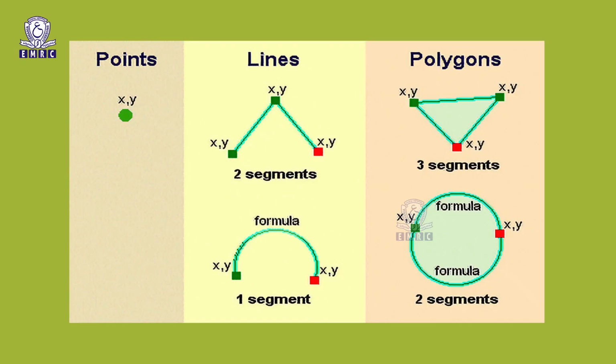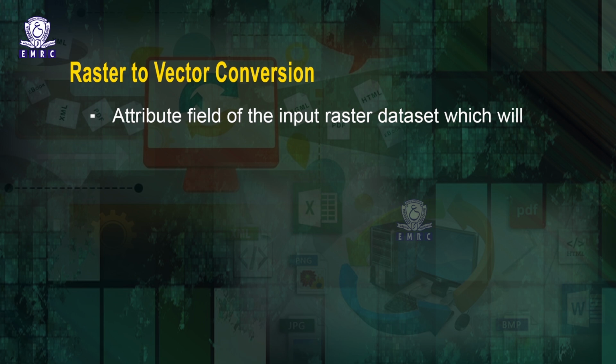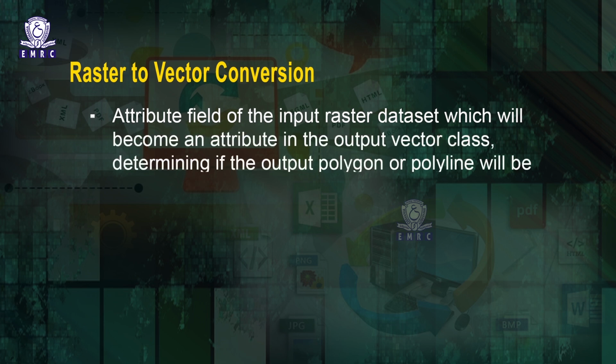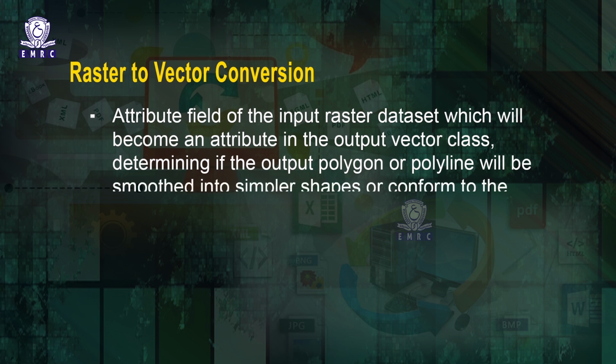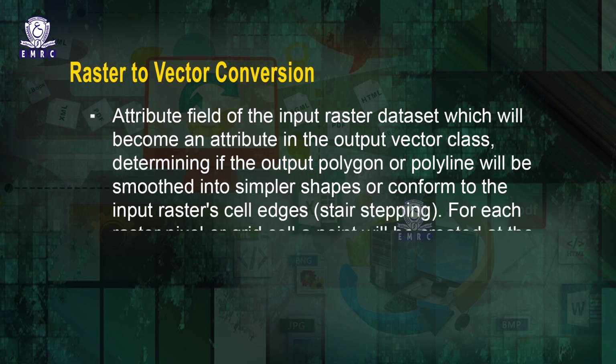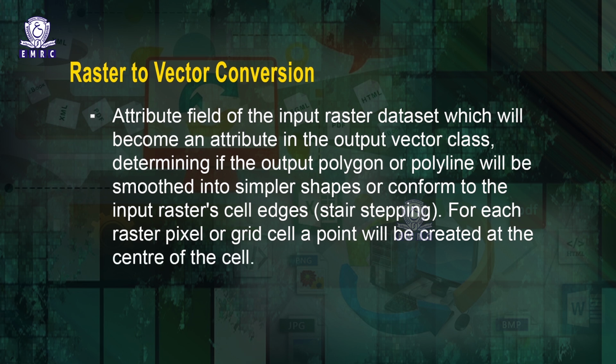The process of vectorization refers to the conversion of raster to vector dataset. The raster dataset can be converted to vector point, polyline or polygon. In order to convert raster to vector, the following parameters should be provided: the attribute field of the input raster dataset, which will become an attribute in the output vector class, and determining if the output polygon or polyline will be smoothened into simpler shapes or conform to input raster cell edges, that is the stair stepping.